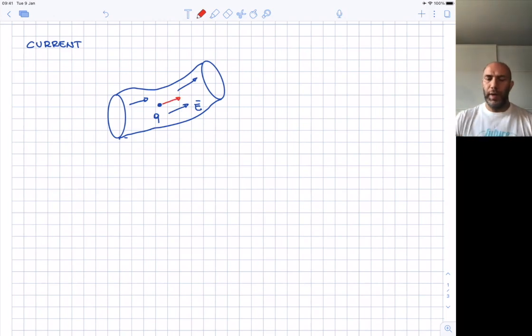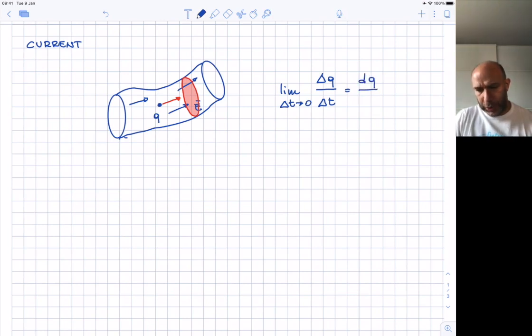So, if we identify in this conductive material a section, and we count in this section the change of charges that flows through this section referred to the time interval, and we let this time interval go to 0, in other words, we take the time derivative of the charge.